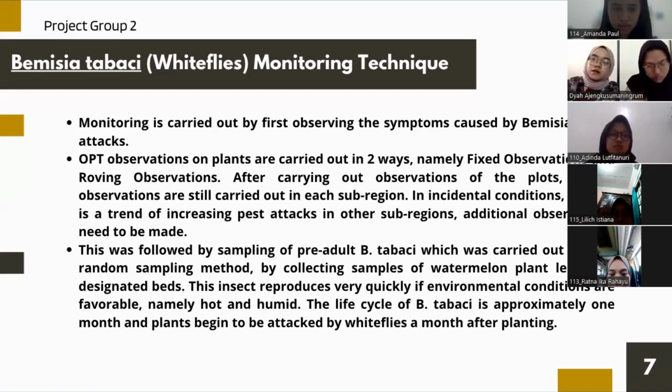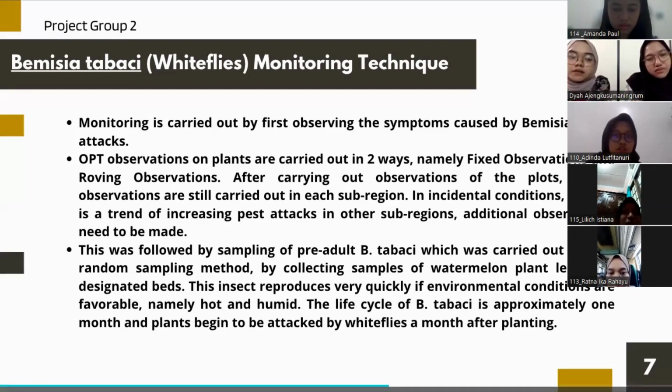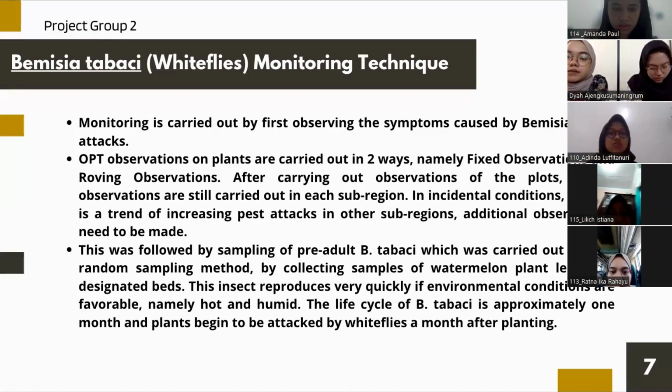After carrying out observation of the plot, roving observations are still carried out in each subregion. In incidental conditions, if there is a trend of increasing pest attacks in other subregions, additional observation needs to be made. This was followed by sampling of pre-adult Bemisia tabaci, which was carried out using a random sampling method.